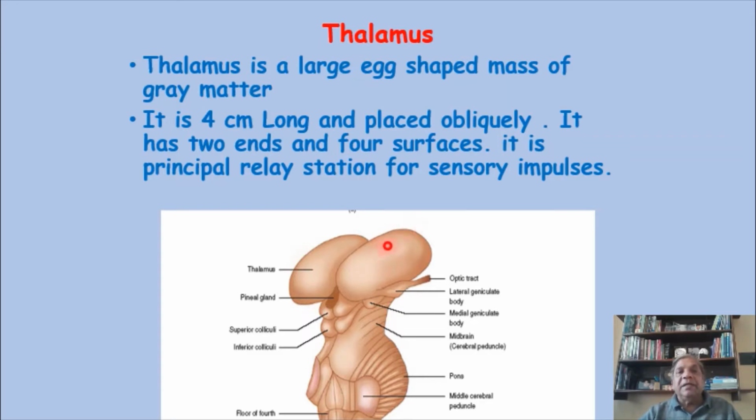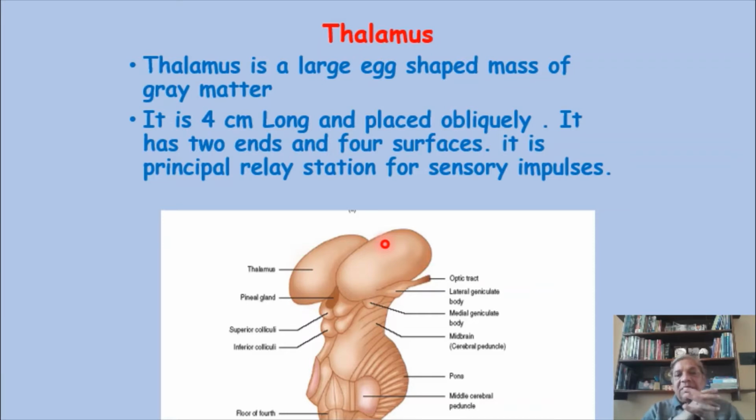They look like eggs, egg-shaped masses of gray matter. They are about 4 centimeters long and placed obliquely, meaning their anterior ends are closer to each other than their posterior ends. Each has two ends, anterior and posterior, and four surfaces: a superior surface, an inferior surface, a medial surface, and a lateral surface.